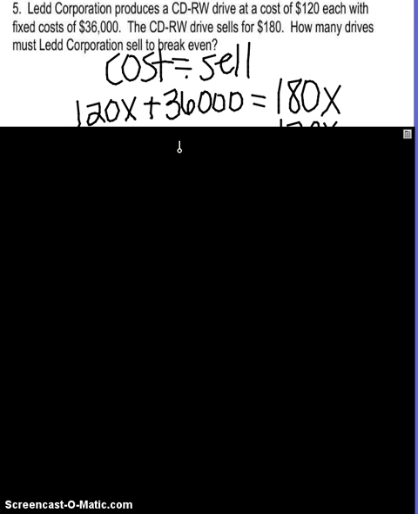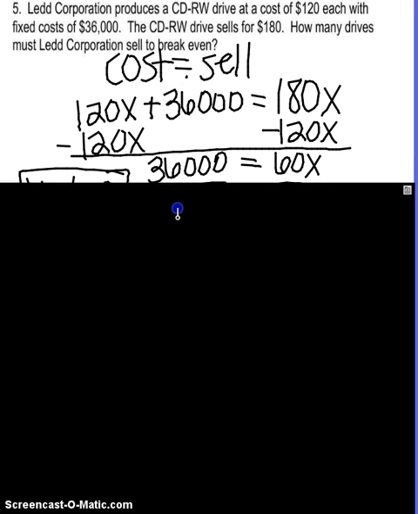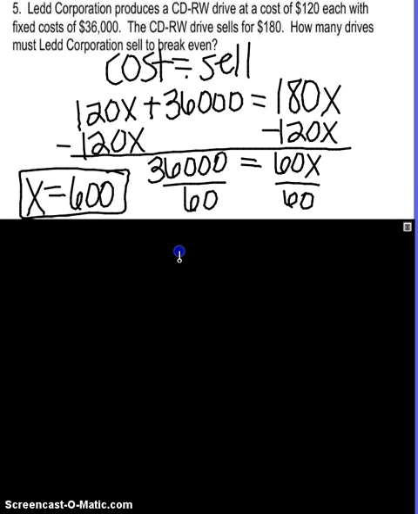So that is my selling side of the equation. So now I'm just going to solve for x. So I should subtract 120x from both sides. That leaves me with $36,000 is equal to 60x. And then I'm going to divide both sides by 60, and I should end up that x equals 600. So in order to break even, I have to sell 600 drives.